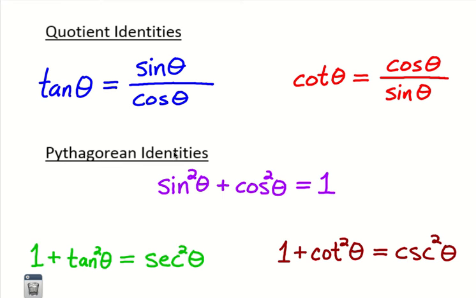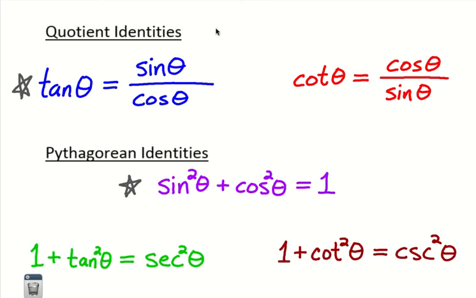As you're writing these down, before I move on, I will quickly point out that this purple one, sine squared of theta plus cosine squared of theta equals 1, is in a way the most important one, and you're going to use it more.